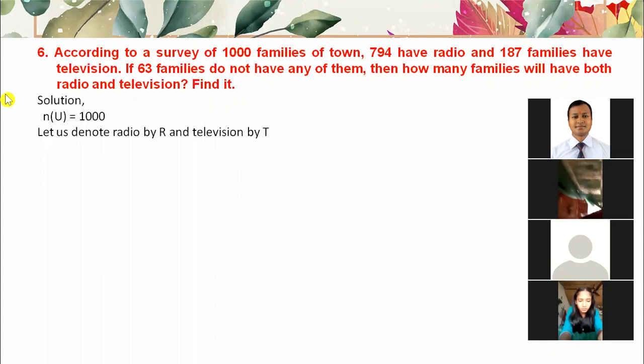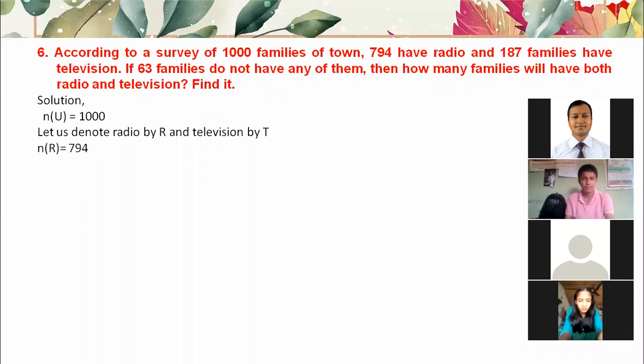And the total number of families in the survey is 1,000. So we write n(U) equals 1,000. Always, universal set n(U) means the total from which we are getting the other data. So 1,000 is the cardinal number of the universal set. How many families have radio? 794.